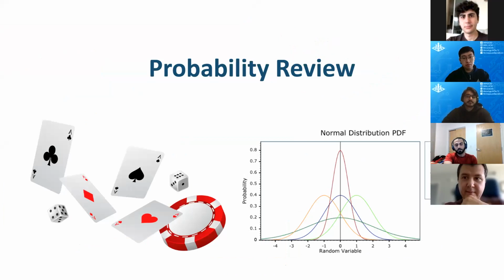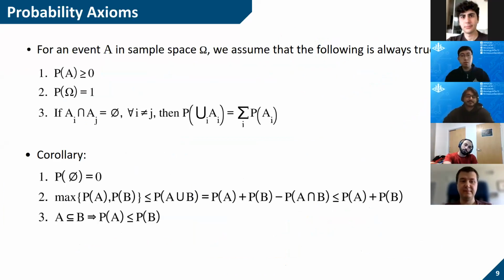So let's have a very brief review of probability, because that's going to be used during the presentation. For an event A in sample space omega, where sample space omega is the set of all possible events, we assume that the probability of an event is always a non-negative number.